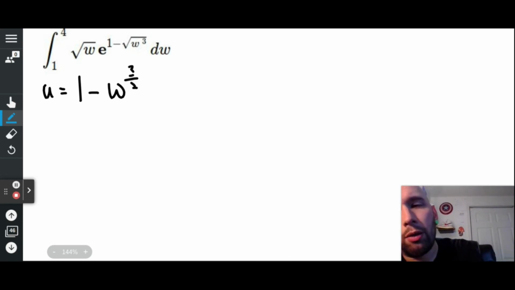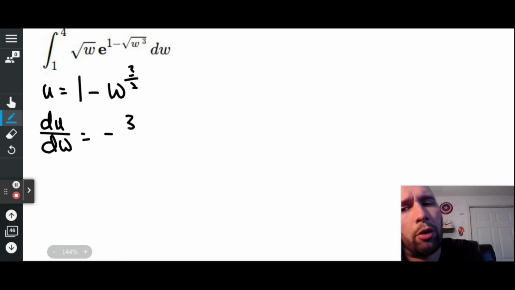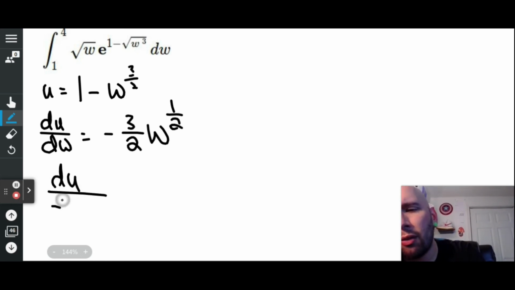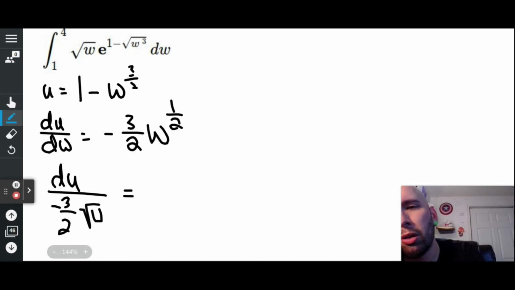So the derivative, du/dw, is going to equal 0 minus, drop down the 3 halves and subtract 1 from 3 halves, and I get that. Do the old flipperoo. So du over negative 3 halves, and I'm going to change that to the square root of w so that it looks more pleasant. It's going to equal dw.